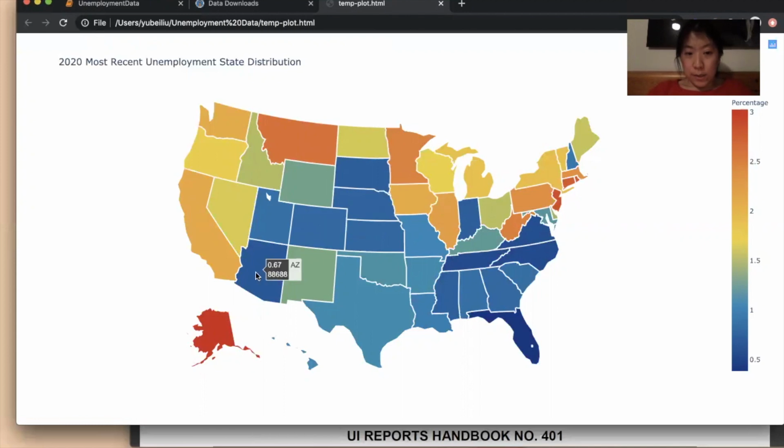And there are a few states, Arizona, Florida, North Carolina, whose rates are not as high as the other states. However, if we run this with the claims, that could be a different result. Again, because the unemployment rate is a data average by time.